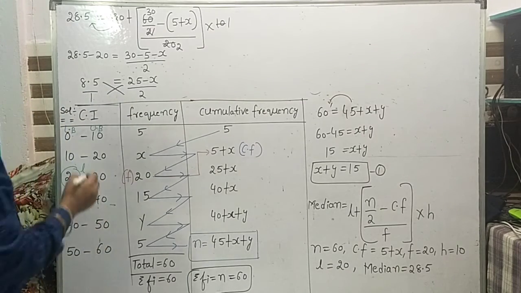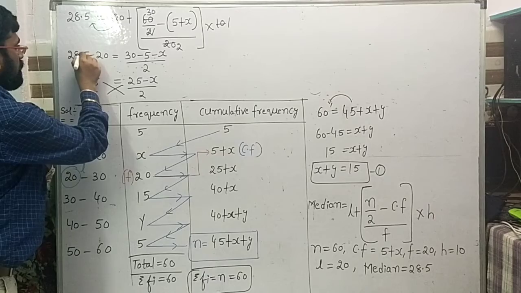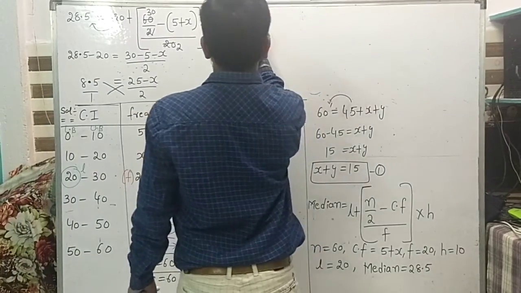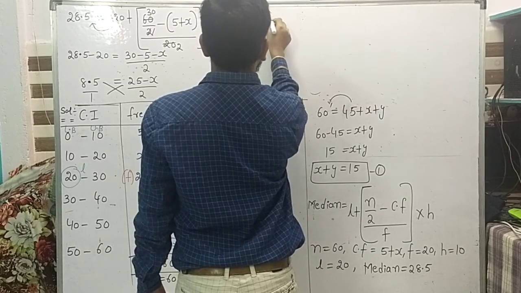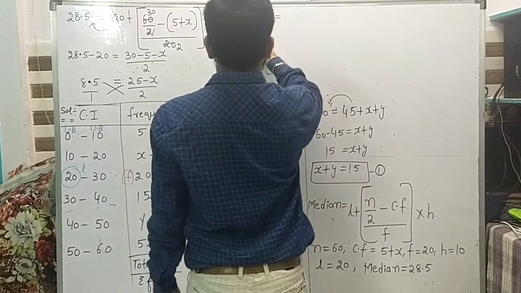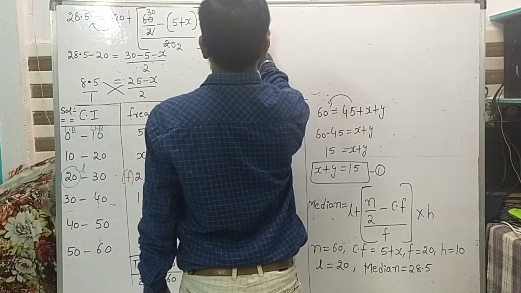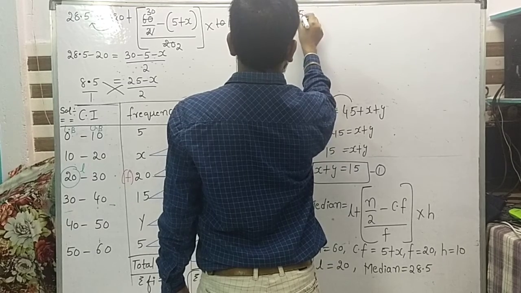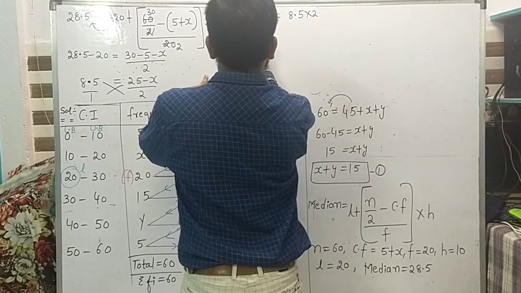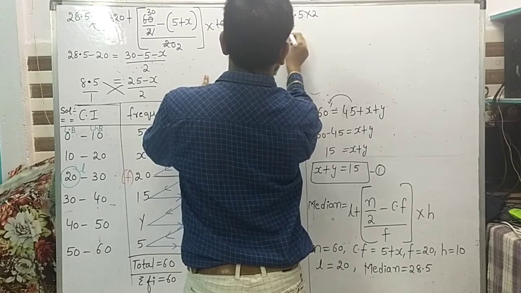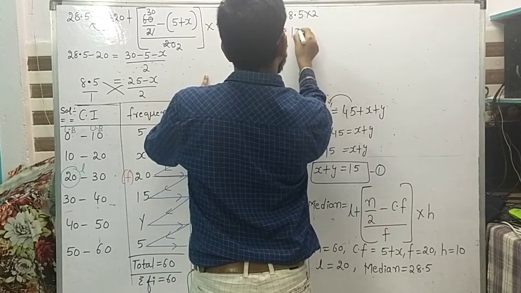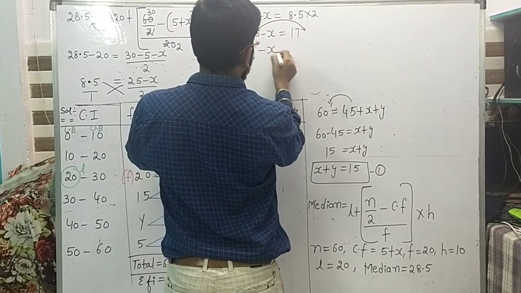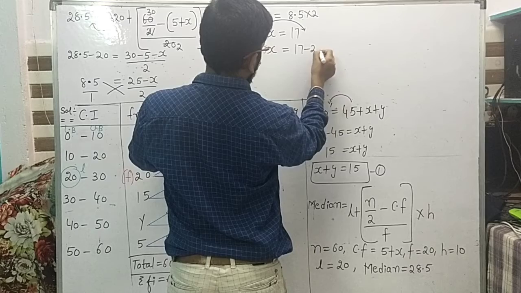Go with cross multiplication: 25 minus x equals 8.5 into 2, which is 17.